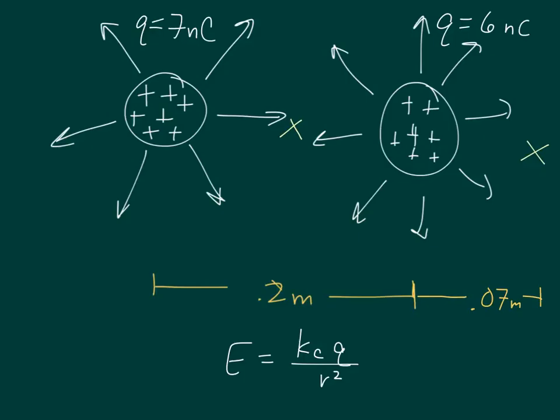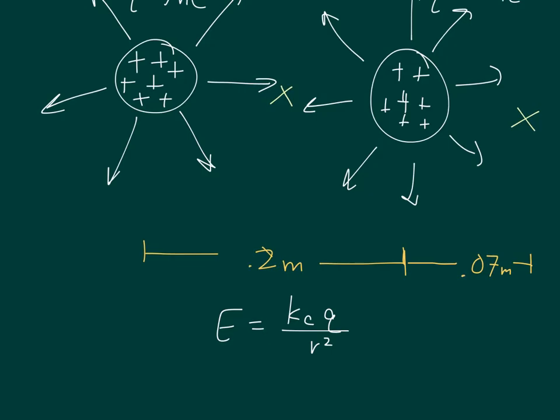If there was a proton right here, it would move to the right, because the same charges would repel. But we're not looking for the force, we're looking for the electric field. So we can go ahead and calculate the electric field acting at this location using superposition. Remember that term superposition from class? It just means add together the two electric fields independently to get the overall electric field.